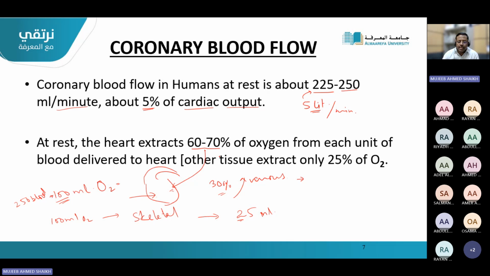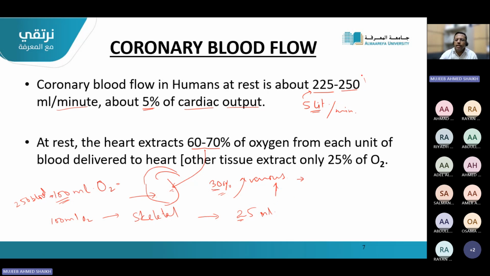If the person is exercising, at that time, do you require less oxygen or more oxygen? More oxygen. But here remaining is only 30%. 70% is already extracted at rest. So to increase the oxygen supply, what do we have to do?